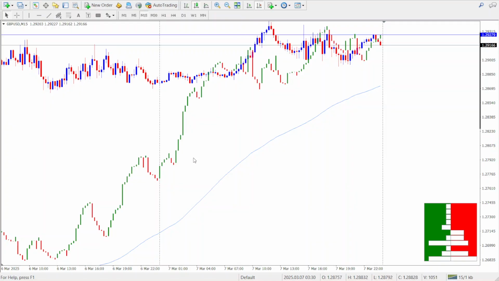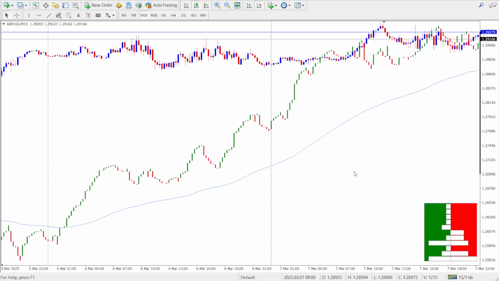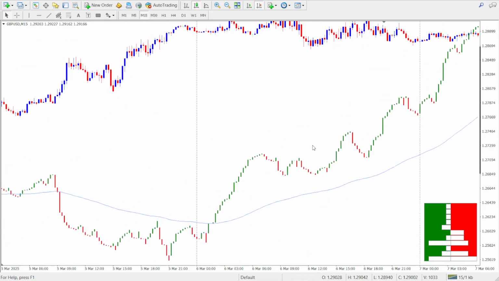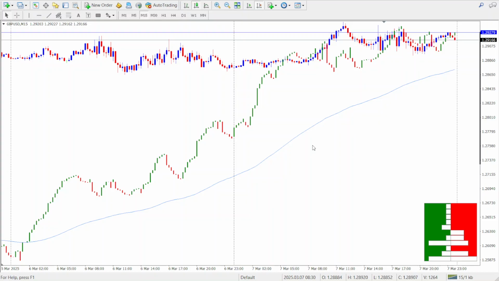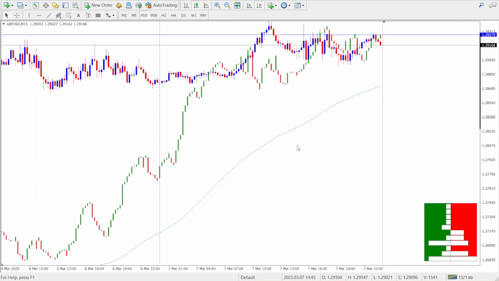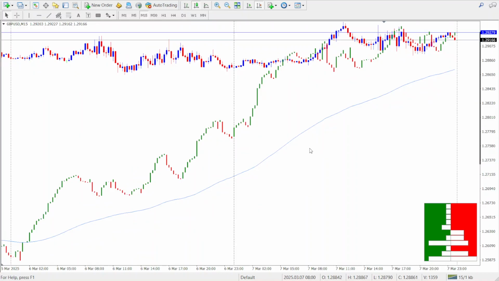We can see that it is different from the traditional candlesticks. Now, what does this mean for you as a trader? It means you can see trends more clearly without getting distracted by smaller, less significant price movements. This makes trend reversals and continuations much easier to spot.